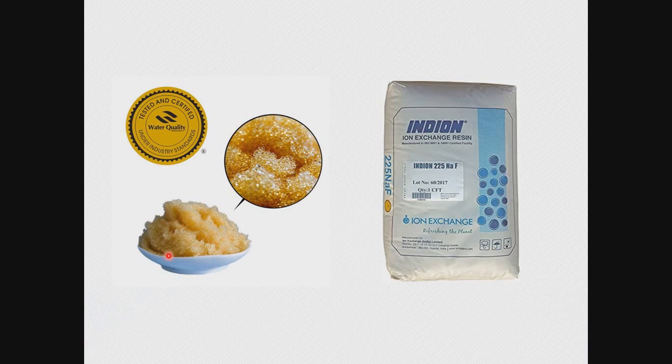So guys, you can see these are the resins. Basically, in this water treatment method, we use these resins. In this inset you can very easily see the microporous structure of the gel, okay? And in this microporous structure, we have the exchangeable ions, like cations and anions.